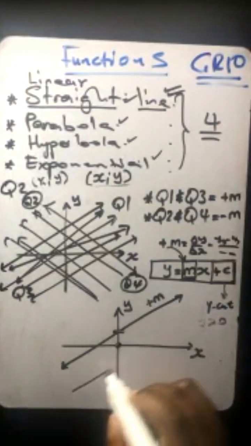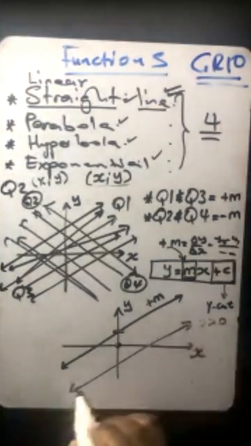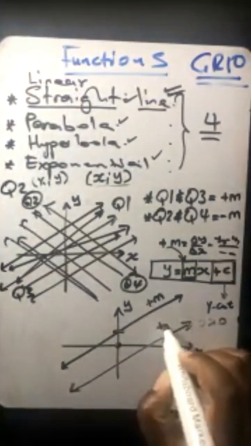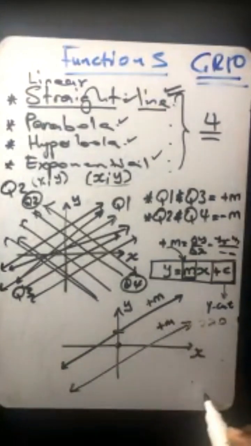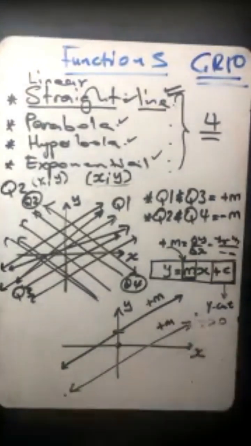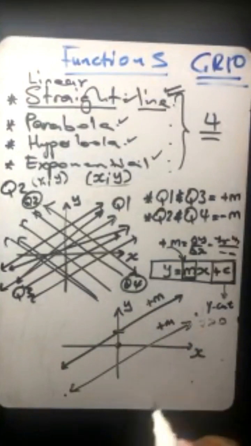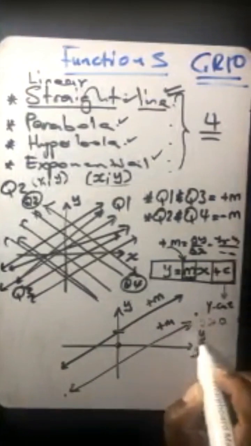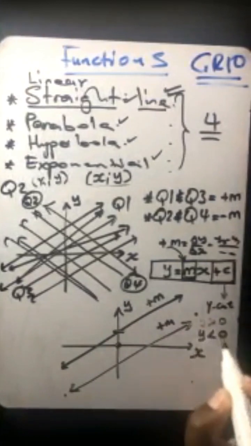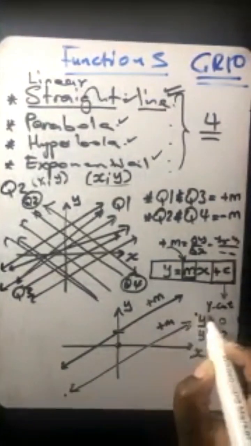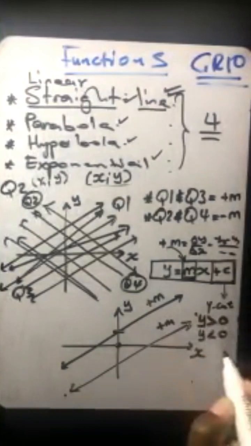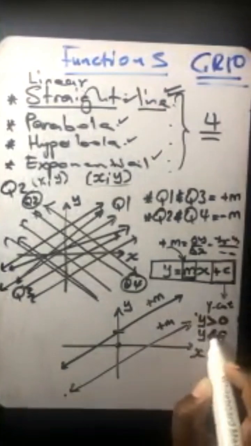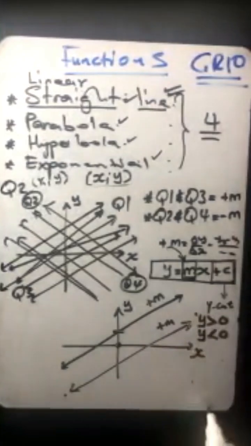But if you have that line, one thing for sure, the gradient is still positive because it ends in the first and the third quadrant. But with regards to the c value, can you see it is at where y is below 0? This one is y above 0, and this one y below 0.